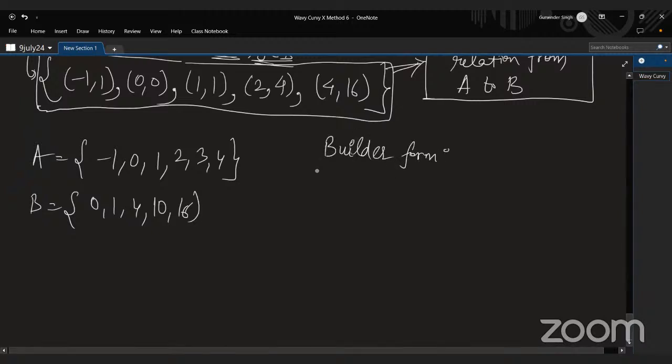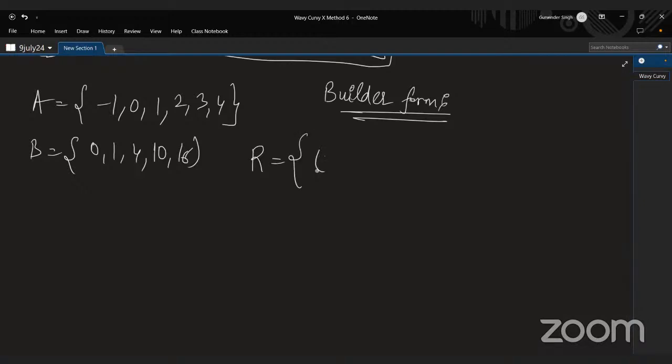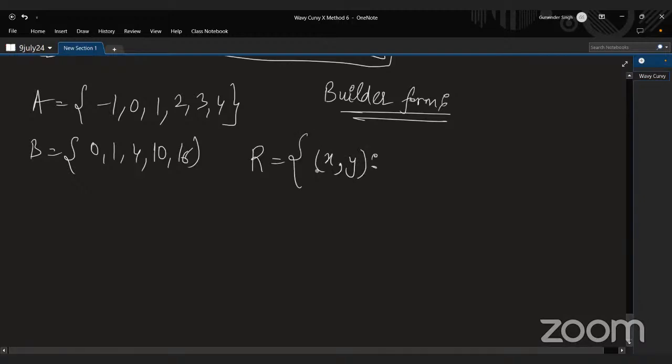How will I write it? I will say a relation R is equal to {(x, y) such that x belongs to A, y belongs to B, and y is equal to x square}.